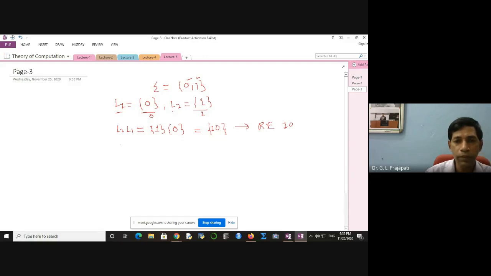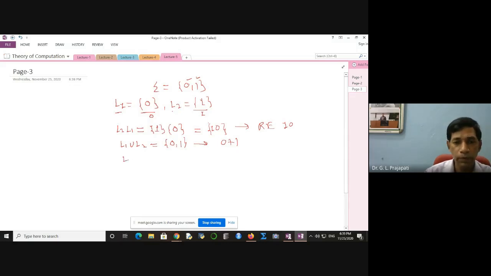Now you can make the union, L1 union L2. Once you make the union, you can refer to it by 0, 1, and the corresponding regular expression you can write as 0 plus 1. This is the regular expression.